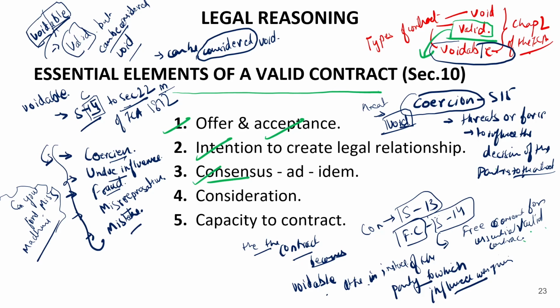And apart from that, after understanding what exactly is coercion, now I would like to shed some light over undue influence, and that is best understood by what we understand as fiduciary relations. Whenever there is a fiduciary relationship, you must have recalled the case of Balfour versus Balfour.